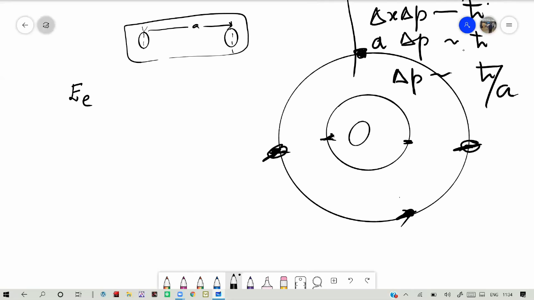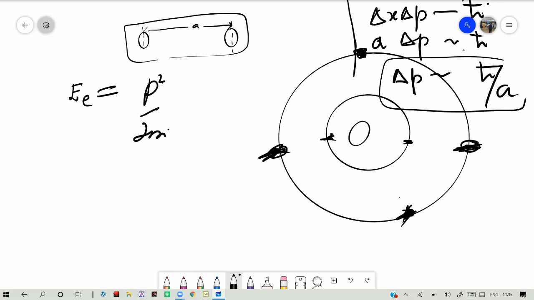So I can write the energy of the system, this atom, as the electronic energy, the energy of these electrons, EE. It is p square by 2m. When I write it as p square by 2m, I will use the value of this delta p in a small volume.